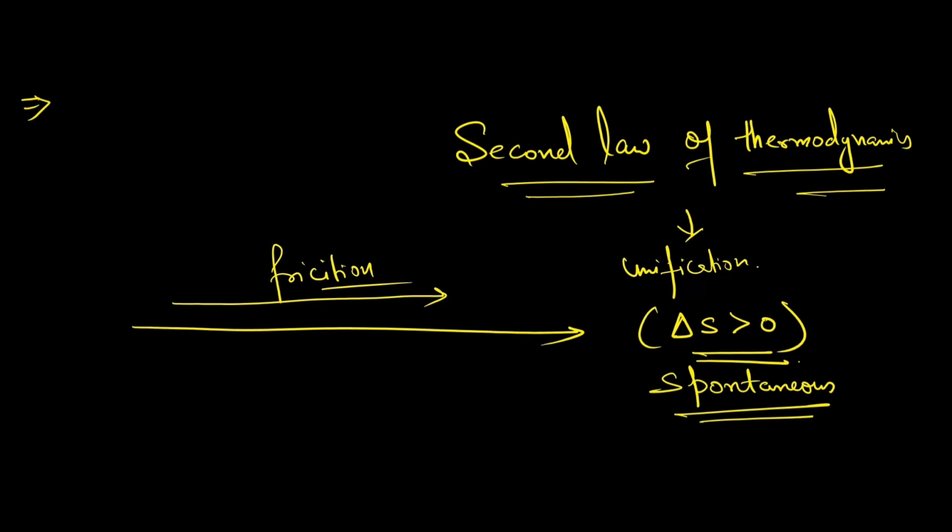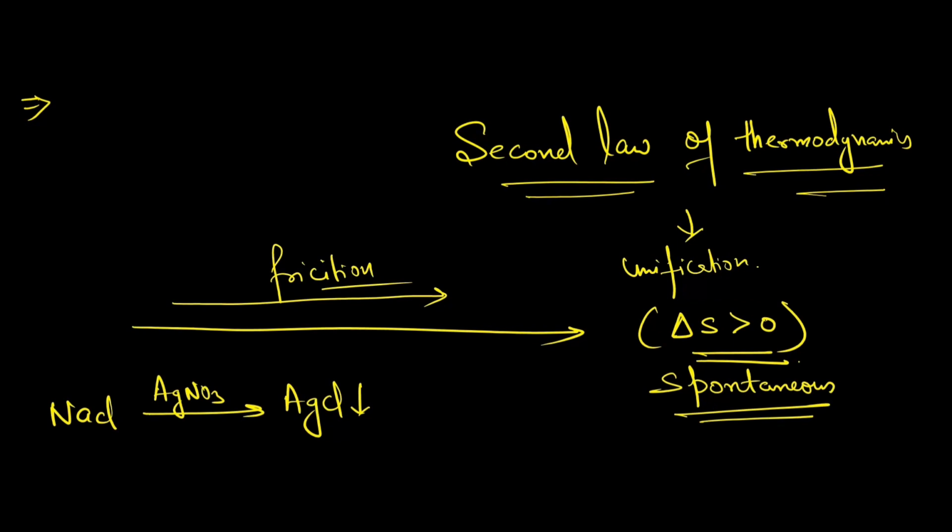For example, we have NaCl and we add AgNO3, so we can make a precipitate of AgCl. Is it possible to reverse this? No. This is the second law of thermodynamics: from one direction it is possible and from the other direction it's not possible.